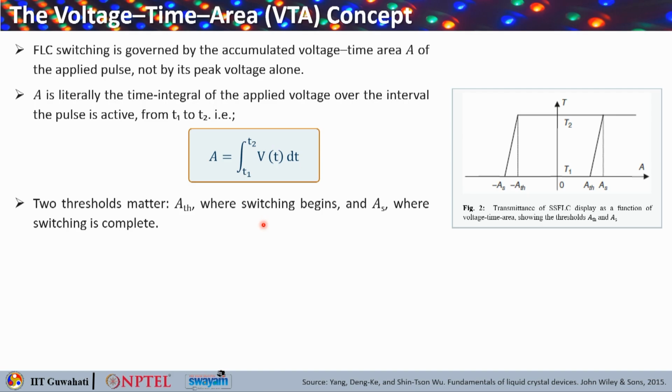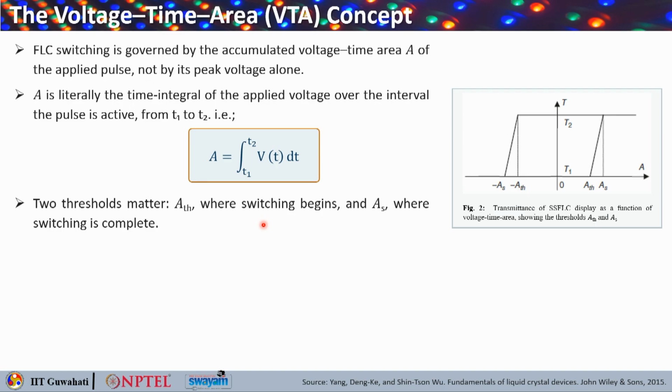Now, why does this integral make sense? The switching process basically involves the ferroelectric polarization accumulating torque on the director over the duration of the pulse. So, both the pulse height and the width will matter jointly, not separately, right.